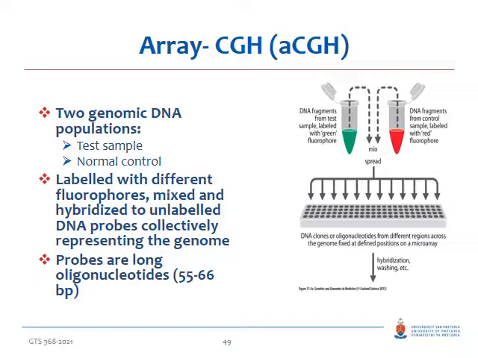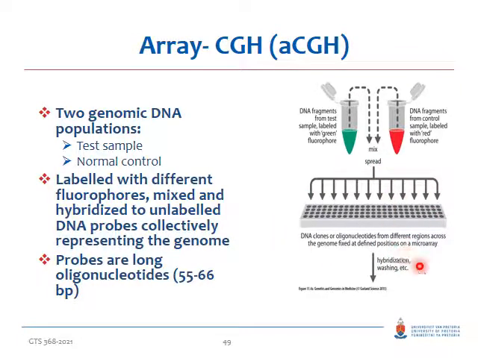So let's explain it. You have your two DNA populations, which you've labeled with green and red fluorophores. The samples are then mixed and hybridized to DNA probes immobilized to a single chip. The single chip is called a microarray.